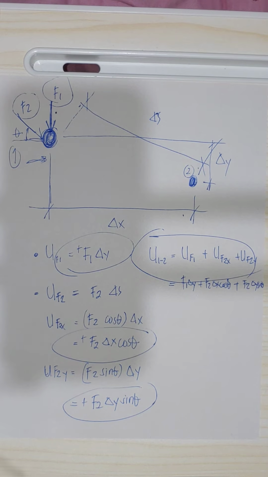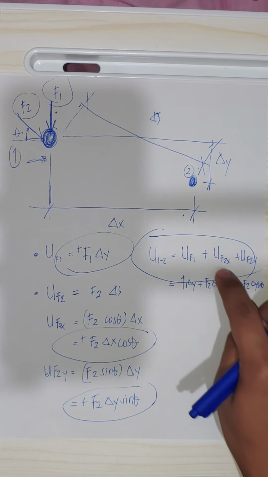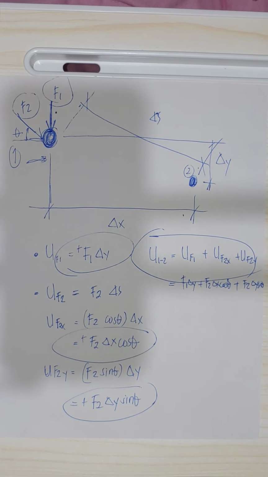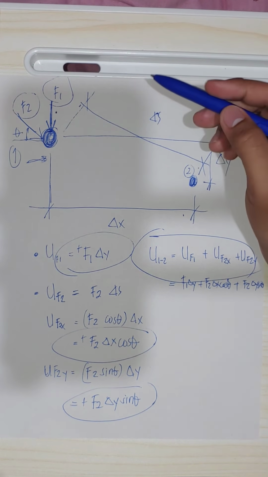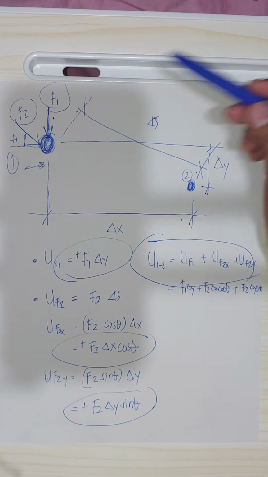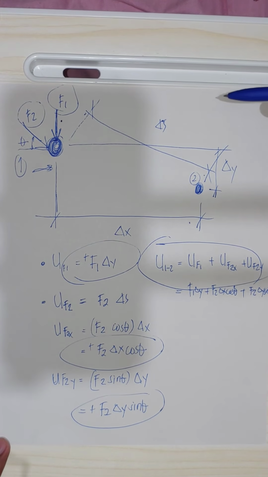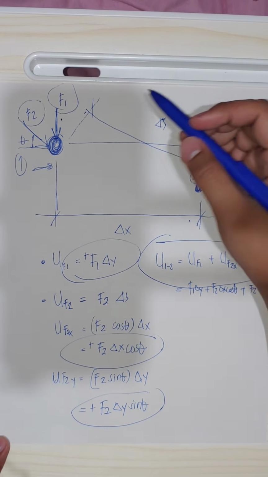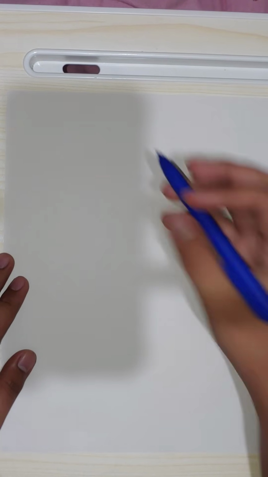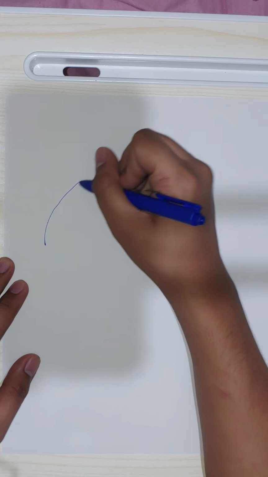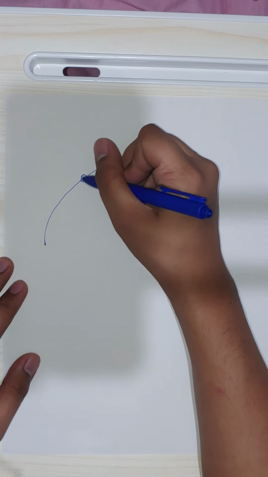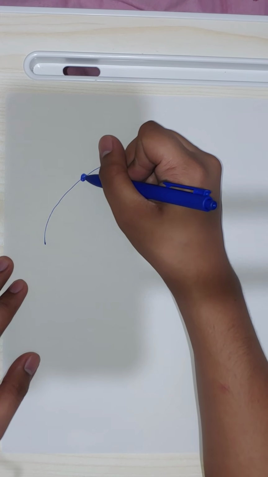So for any force that acts, you apply this. How about a force or movement where the force has no motion along it? For instance, in another example, let's say we have a particle moving in a curve. Okay, for example, this is the particle.